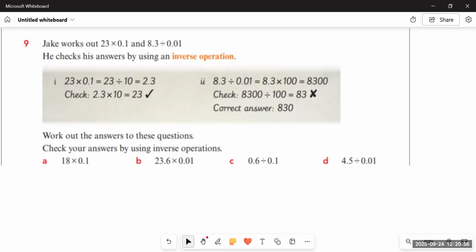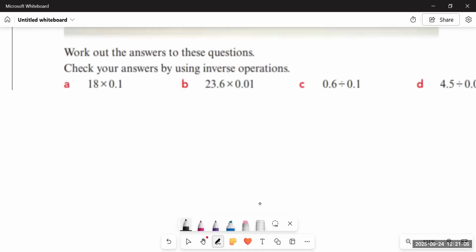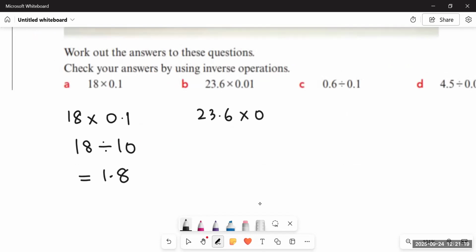Now we have to work out the answers to these questions and then check the answers by inverse operations. So let's do it. Starting from part A, we have 18 multiplied by 0.1. It's actually 18 divided by 10, so it would be 1.8. We will do the inverse operation later on. Then we have 23.6 multiplied by 0.01. It's actually 23.6 divided by 100.